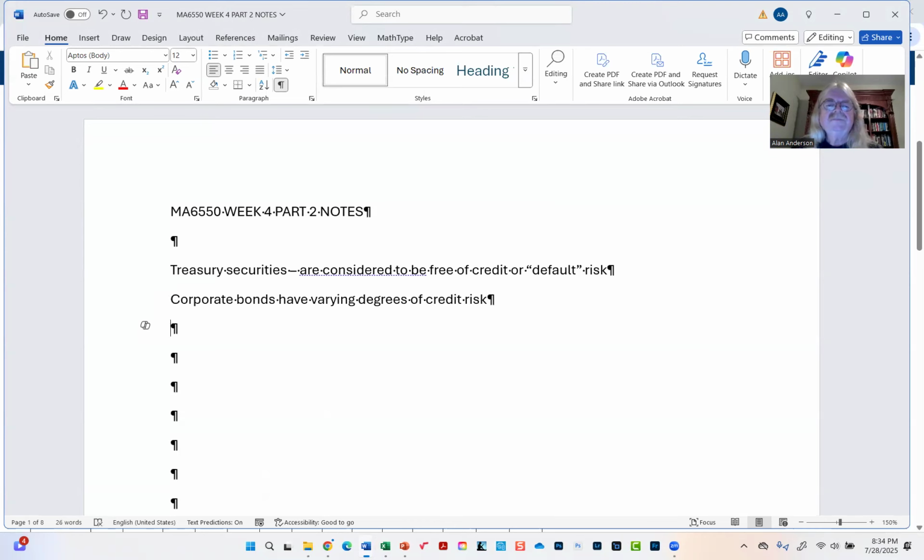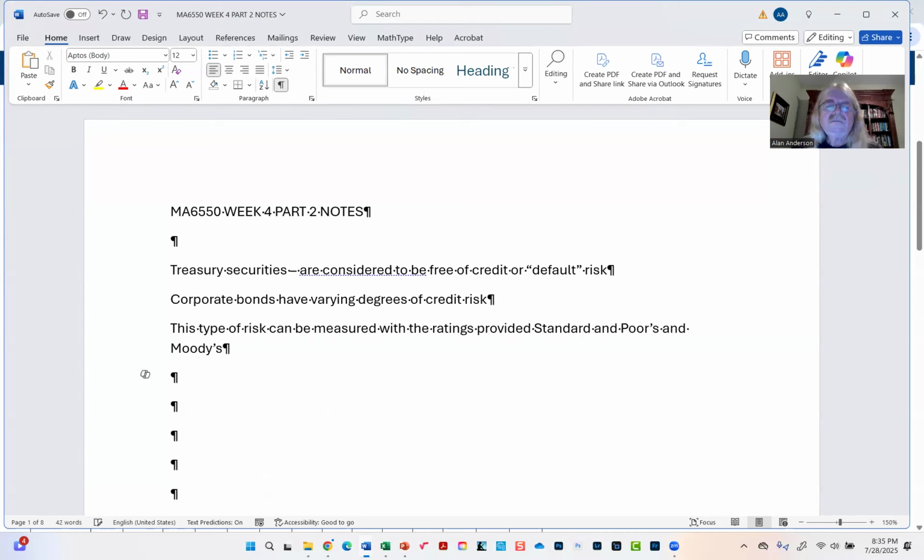Okay. And of course, this type of risk can be measured with the ratings provided by 2 major providers, Standard & Poor's and Moody's. And so they give ratings to all these different bonds in the marketplace.